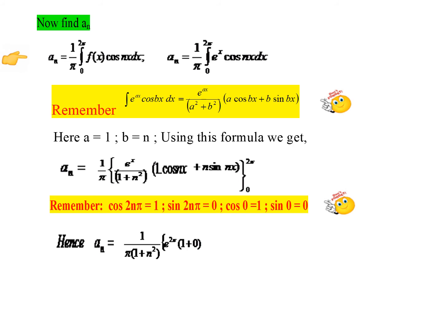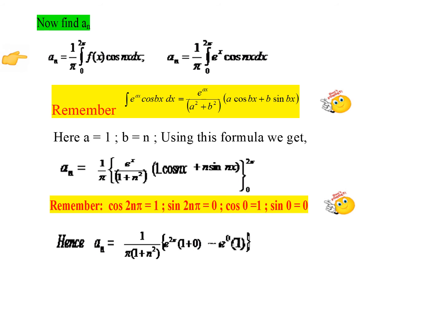So we get an equal to 1 by pi into 1 plus n squared, which is actually a constant, so I have taken that out of the brackets, into e power 2 pi, because we are substituting the upper limit, x as 2 pi. e power 2 pi into cos 2n pi is going to be 1, so the first term is 1, plus the second term sin 2n pi is going to be 0. So we have 1 plus 0. This is the upper limit.